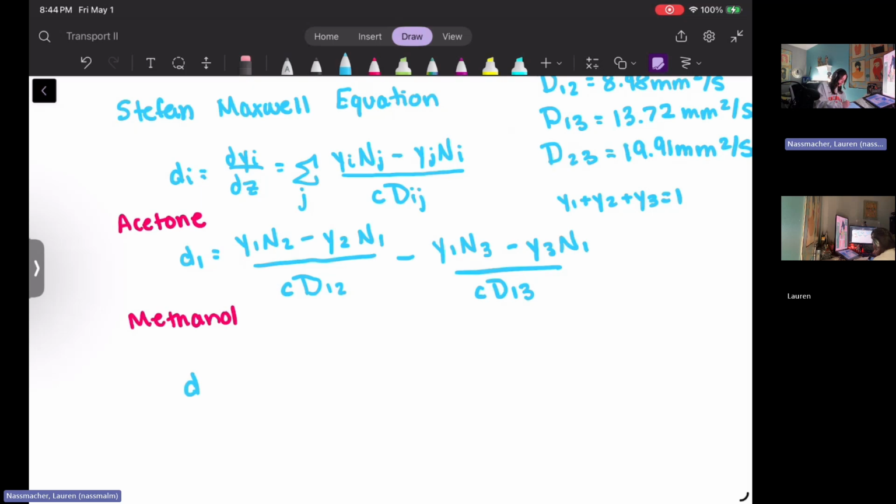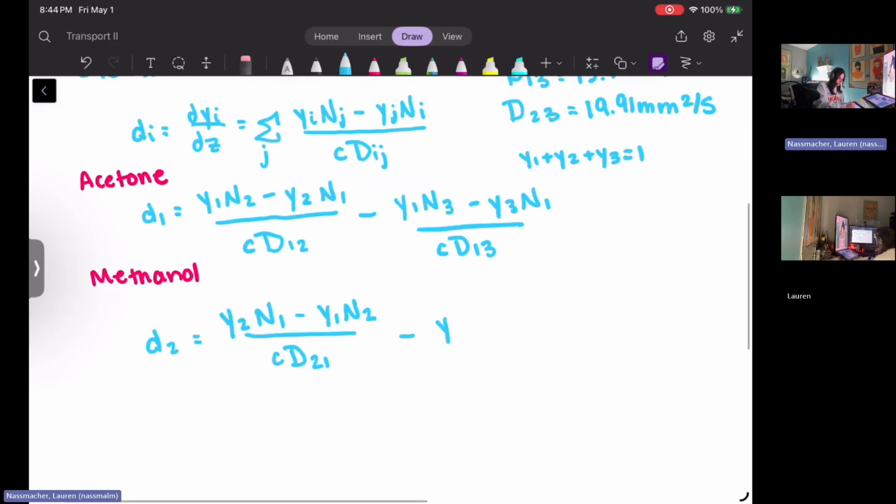So then we have our driving force for 2 is equal to mole fraction of 2 multiplied by our molar flux of 1, minus our mole fraction of 1 multiplied by our molar flux of 2, over our concentration multiplied by our diffusion coefficient of 2, 1, minus mole fraction of 2 multiplied by our molar flux of 3, minus mole fraction of 3 multiplied by our molar flux of 2, over our concentration multiplied by the diffusion coefficient of 2, 3.